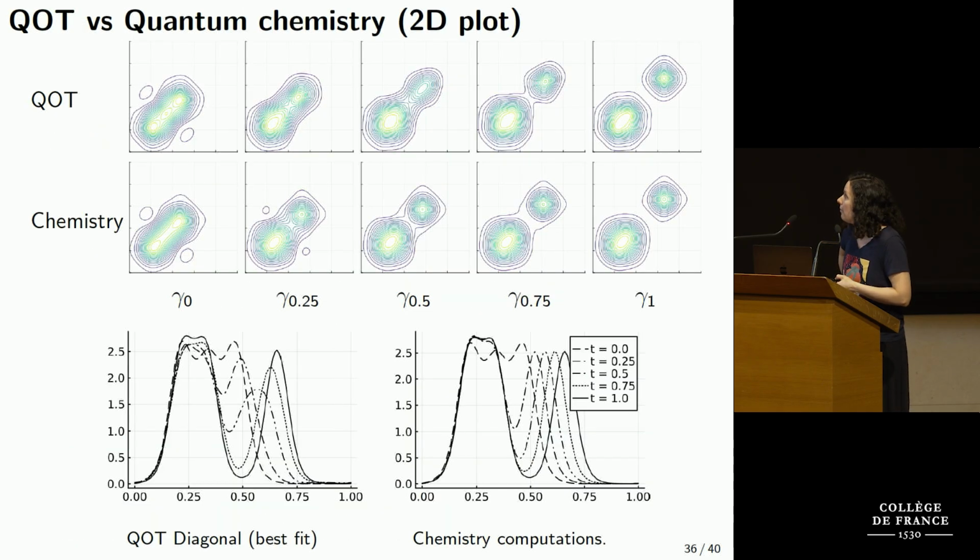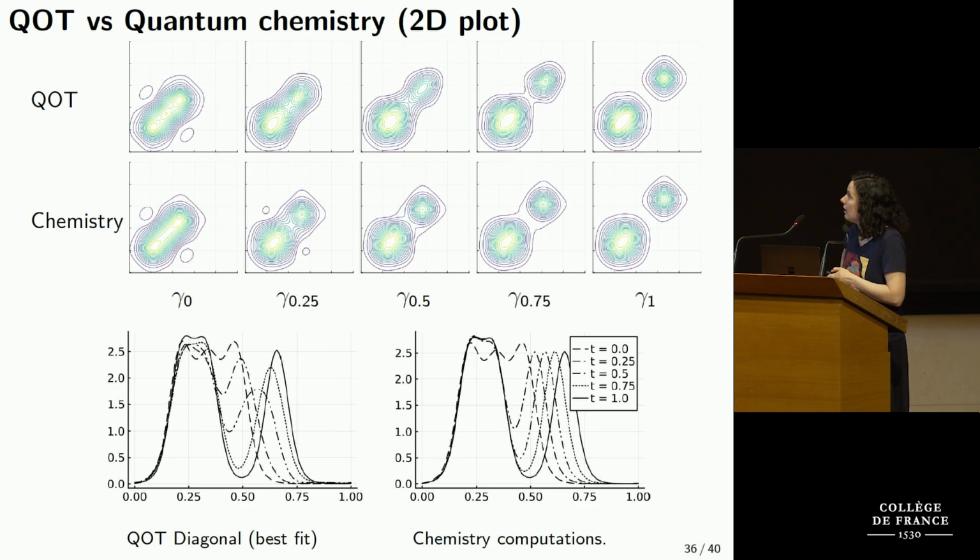And so this is how this looks like. In this line here, I have the density matrices for a system with 3 nuclei and 3 electrons. These are really the solution to the Schrödinger equation with 1D particles. And so this is how this looks.